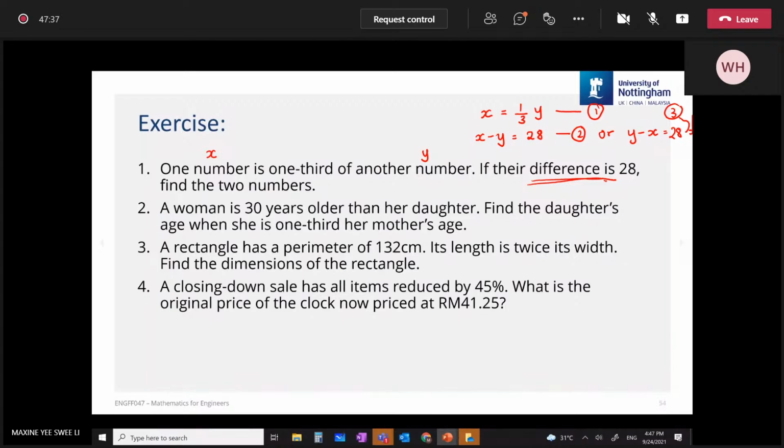So you can solve this simultaneously and find x and y. You have enough information to find x and y. So can you work it out quickly? What is x and what is y? You just substitute 1 into 2, and again, you can substitute equation 1 into 3. Can you find quickly what is x and y? Is x 42 and y 126?